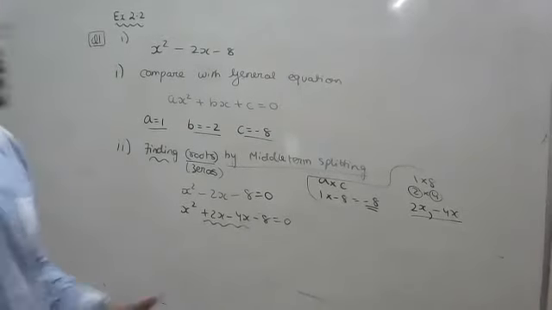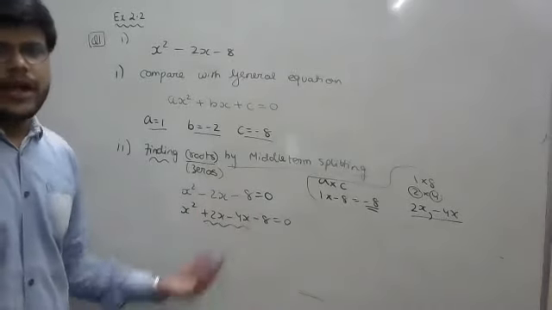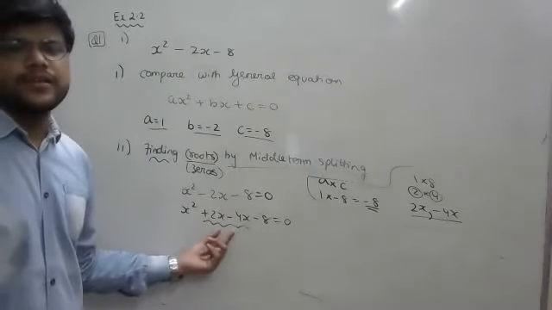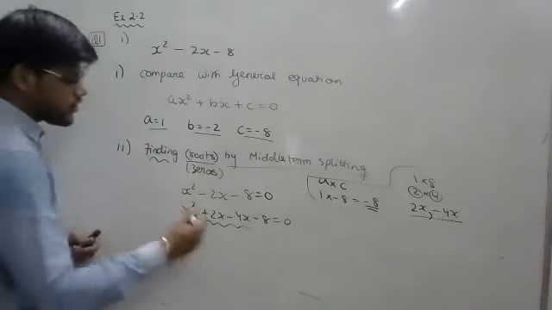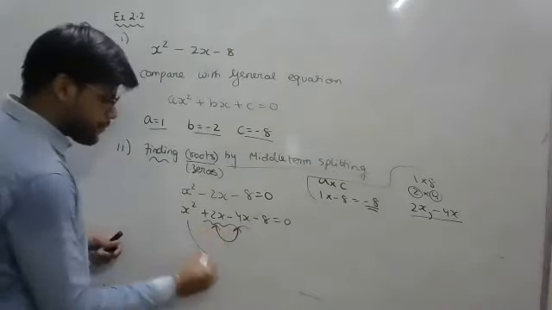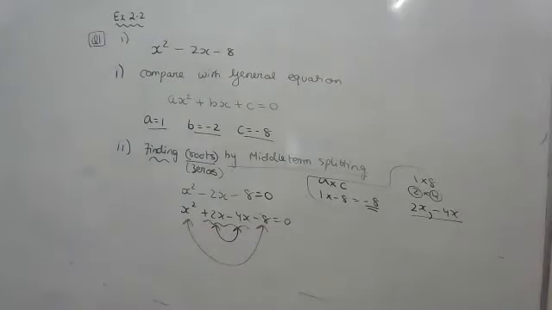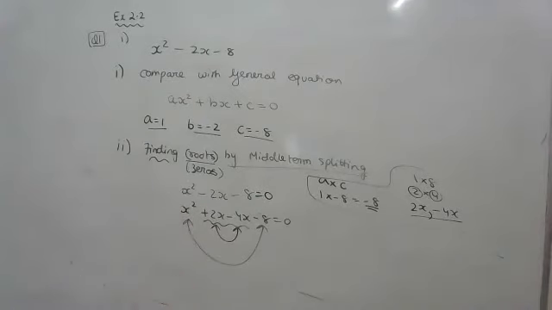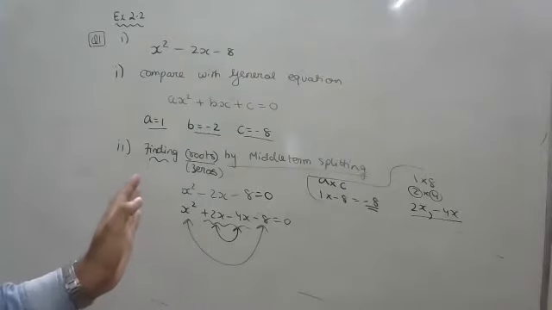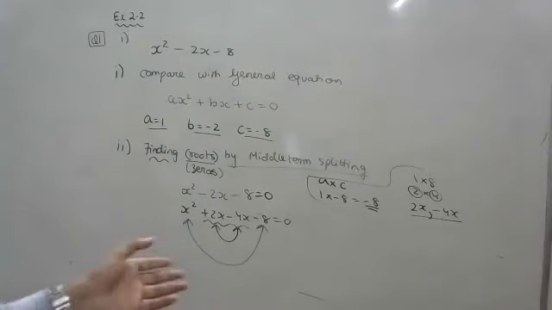And 2x into minus 4x will be minus 8x squared. So basically the product of these two terms and the product of x square and minus 8 are exactly the same. You can just verify: if you multiply 2x and minus 4x, it will be minus 8x squared, and if you multiply x square and minus 8, it will be minus 8x squared.